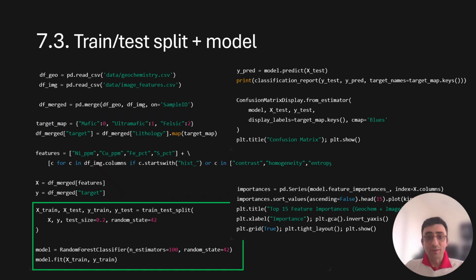80-20 split with a fixed seed for reproducibility. Random forest with 100 trees is a solid baseline, which reduces variance by averaging many decorrelated decision trees. If your classes are imbalanced, set class_weight to balanced or stratify the split.